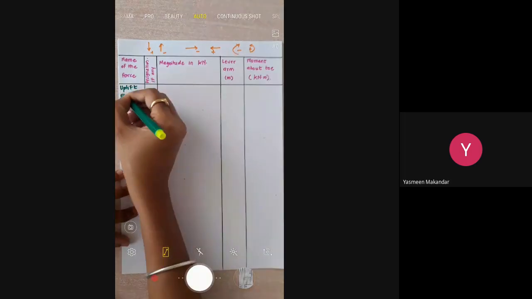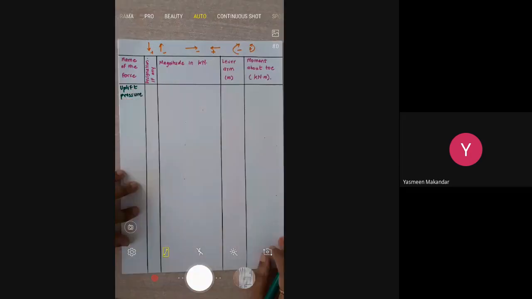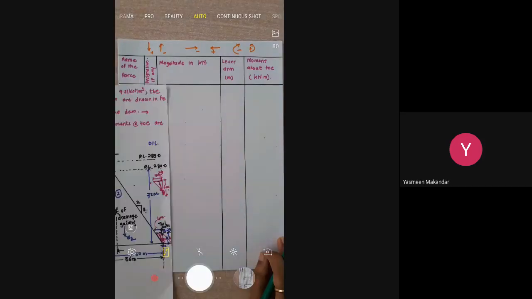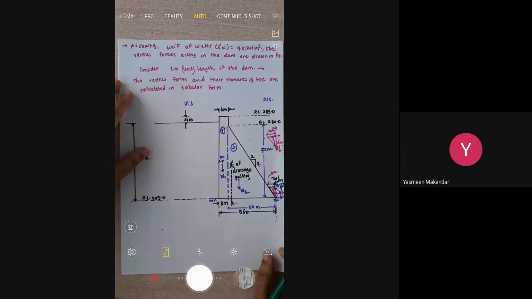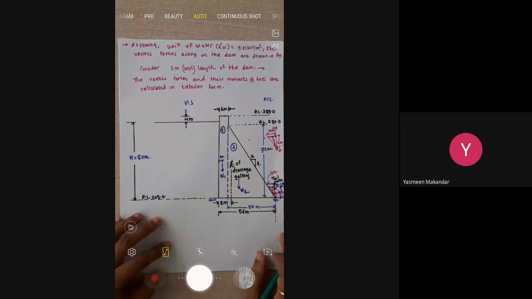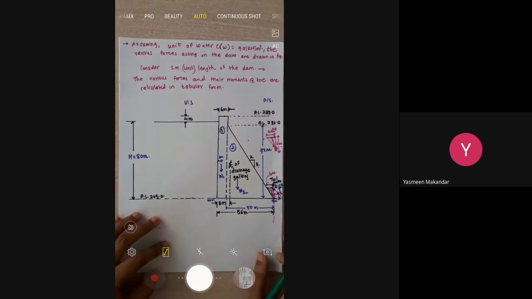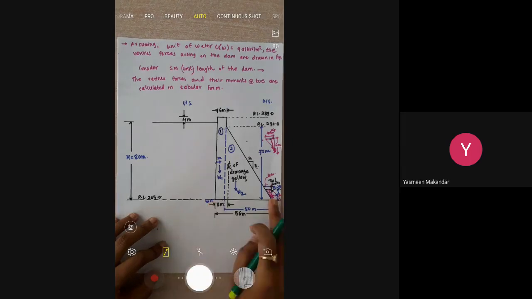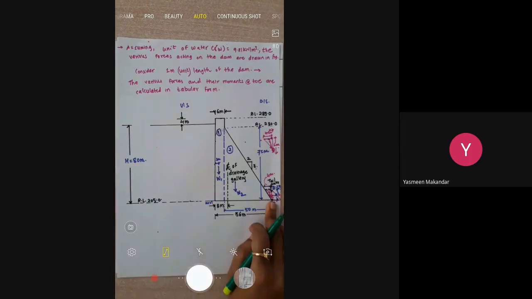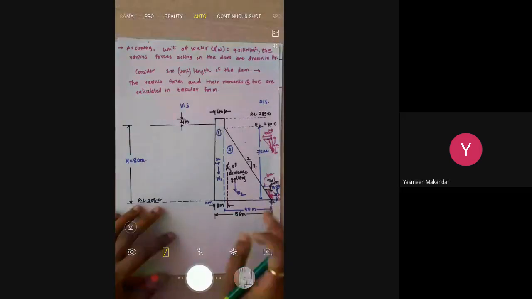Again the same thing we have to do. We first have to draw the pressure distribution diagram. As per the USBR guidelines, it has been recommended that the uplift pressure intensities at the heel and at the toe can be taken as the respective hydrostatic pressures at the heel and at the toe.